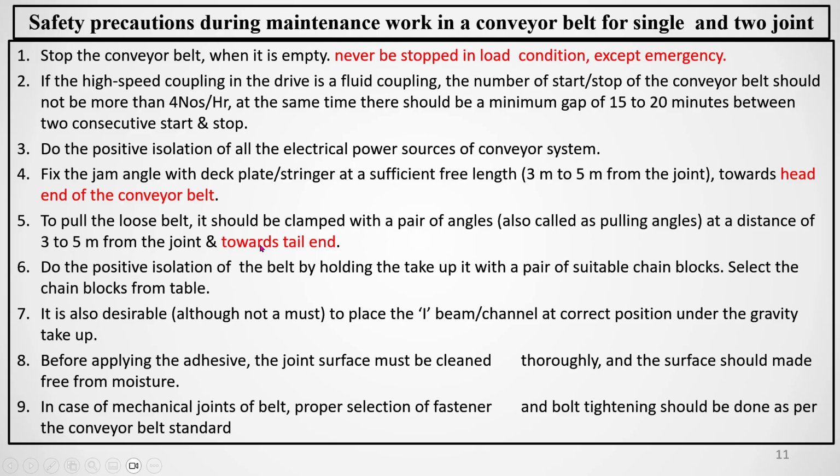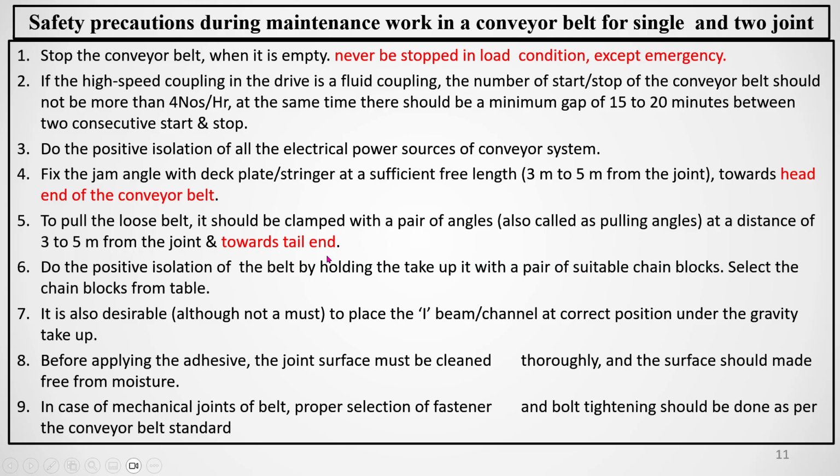We have to pull the belt and then jam it, clamp it with the deck plate or stringer, so that the belt should not move. If required, you have to pull the belt, and it should be 3 to 5 meters from the joint towards the head end, and again 3 to 5 meters from the joint towards the tail end.